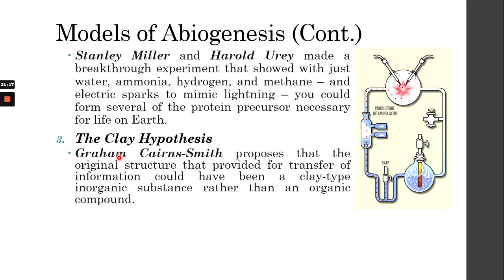What he believes is that these important molecules, these important compounds necessary for life, were helped by a clay type substance, which helps them form and helps to build them up.